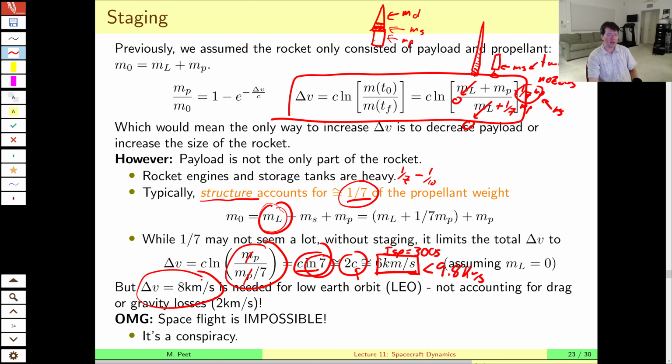By contrast, the delta V required for low Earth orbit, minimum parking orbit, is 8 kilometers per second and possibly 10, right? And we quickly realize that a single stage rocket cannot establish a parking orbit.